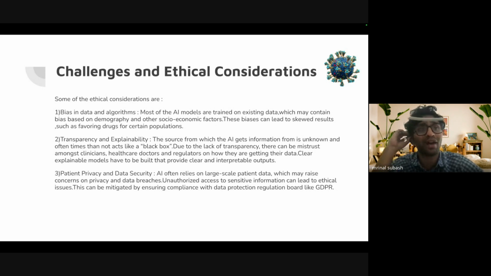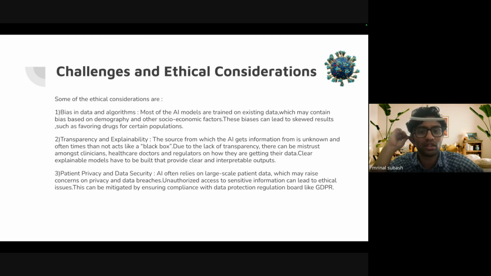I don't think we would have had remdesivir as a proper drug to mitigate the effects of COVID-19. So some level of human intervention is required.